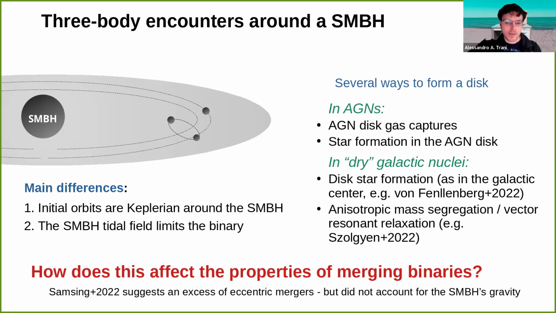These young stars, meaning massive stars, are going to end their evolution and become stellar mass black holes. So in our galactic center, we will eventually have a disk of black holes. And there are also ways to form disks of massive black holes in nuclear star clusters, without the need to have an AGN disk. I just mention this to show the relevance of this process.